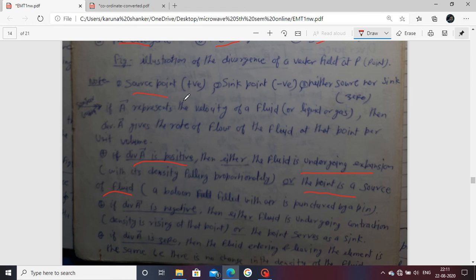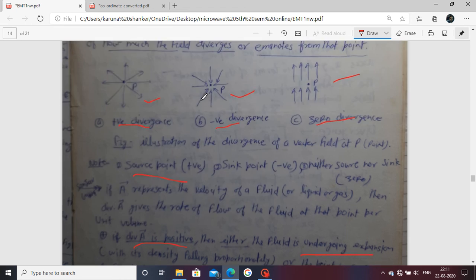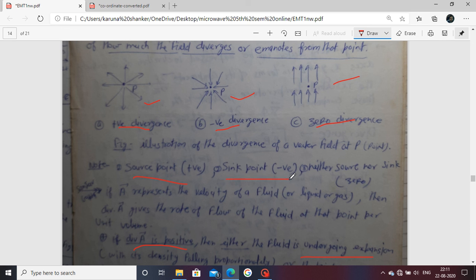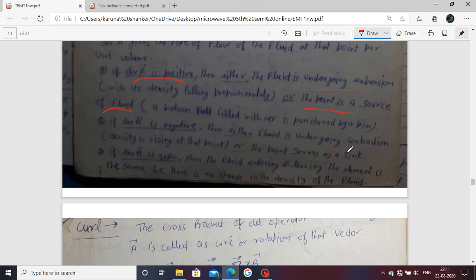Here you see the source point as positive, sink point as negative. This is the negative divergence. Neither source nor sink is zero. This one you see here.